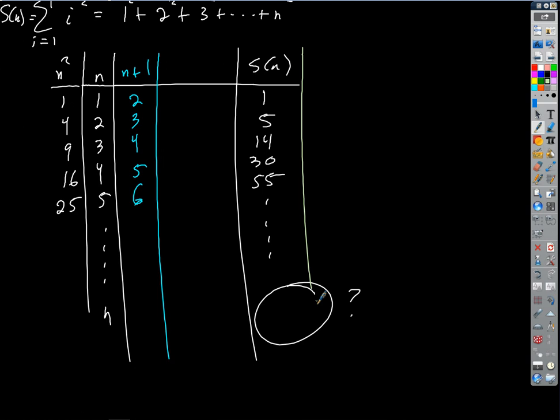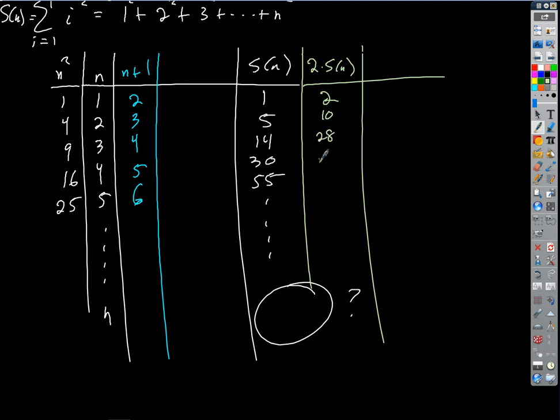So this could be helpful. What if we just multiply these? I'm going to multiply these by some discrete amounts. Okay, so I'm going to do 2 times this column, and that's going to give us 2, 10, 28, 60, 110.